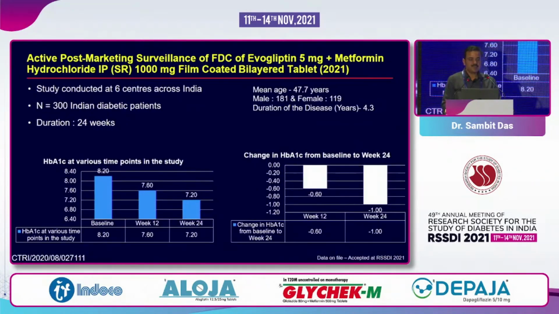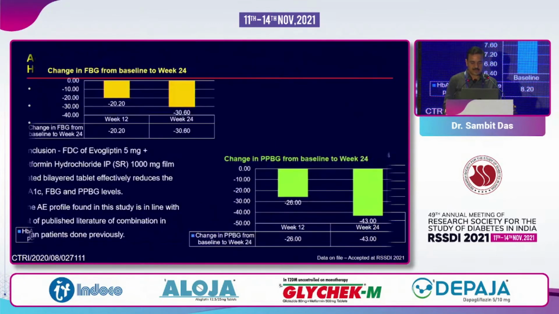Now this is an active post-marketing surveillance of FDC of Evogliptin plus metformin hydrochloride, and it was shown in the poster at RSSDI 2021. They have taken 300 Indian patients from 6 centers, for a duration of 24 weeks, and they used an FDC of metformin with Evogliptin, and they found that there was a significant reduction of the A1C at the end of 12 weeks and at the end of 24 weeks, and the change of A1C was to the tune of 0.6% to 1%.